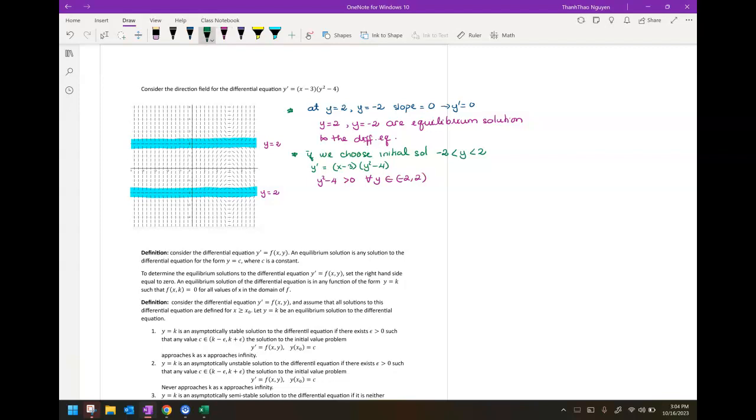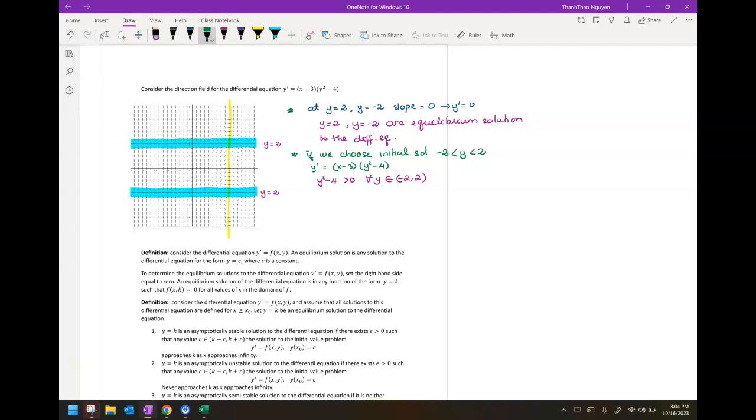So let's see what's going to happen here in this graph. Note that at x equals 3, you see the slope: everything before 3, all the slope is positive. When x passes 3, the slope becomes negative.